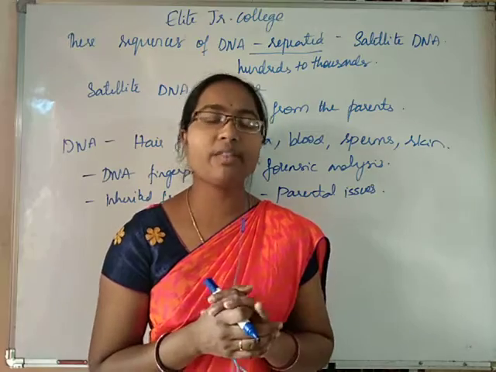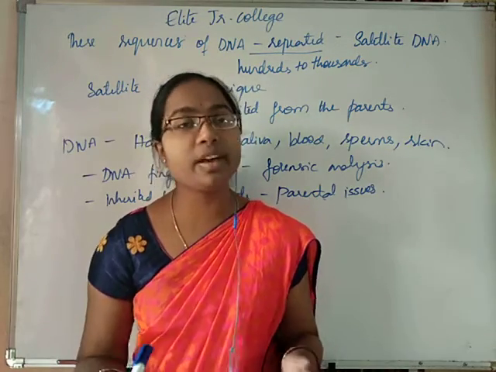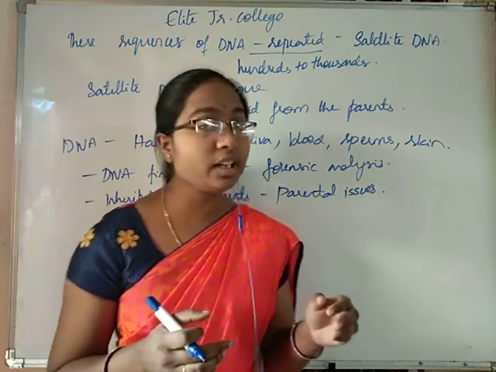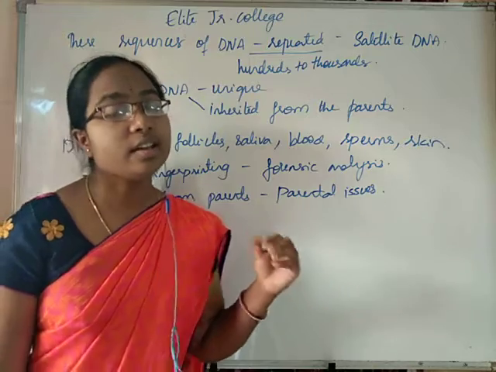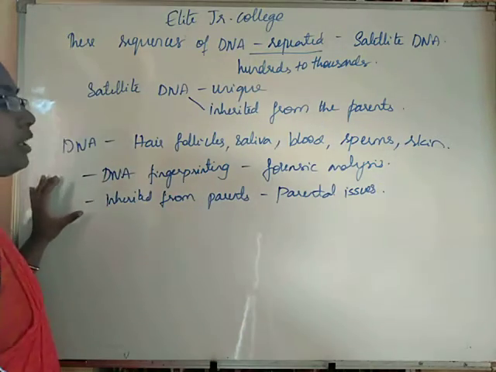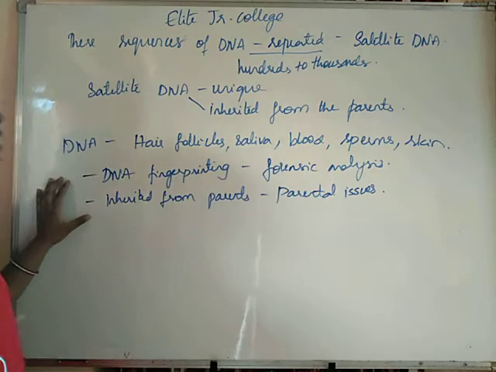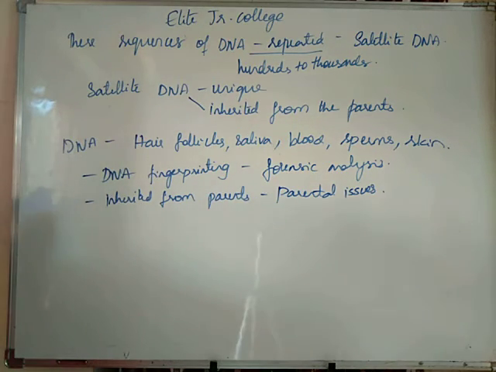That is one way by which we can identify the actual parent of the child. But the very accurate way is DNA fingerprinting. In paternity issues related to who is the actual parent of the child, DNA fingerprinting technology is very helpful. In this way, DNA fingerprinting technology has its applications.